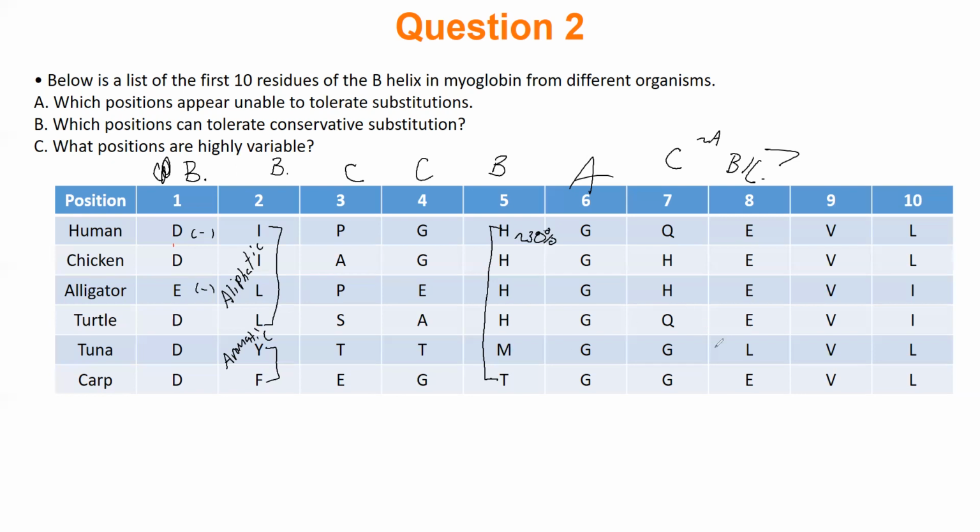On a test, if I ask this question, I won't give you something like 8. I'll give you something like 9, where it's unable to tolerate that. Or I'll give you something like maybe 2, where they're all nonpolar. So we have to see that. Or number 10, all nonpolar. So that's how I would list those.